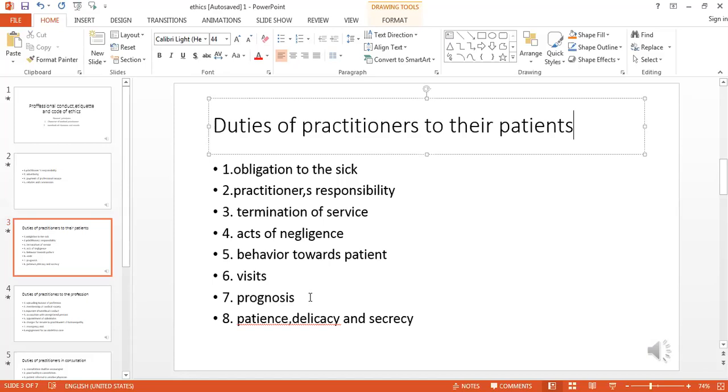Then the patient's delicacy and secrecy. This attitude, that is patience and delicacy, is very important in our profession. The confidence is on the patient, it is very nice, but you should not panic in every condition. You should have faith in your medicine.